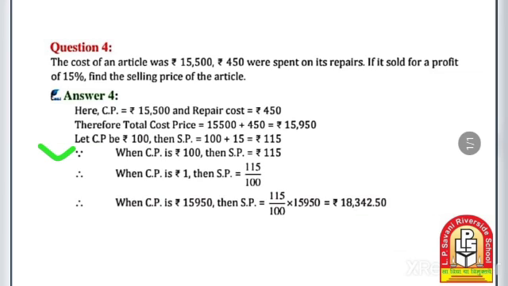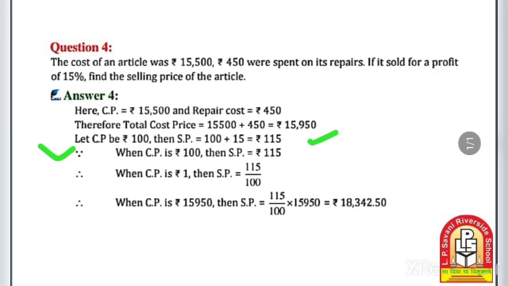Then if CP is rupees 100, then SP is equal to 100 plus 15, that is rupees 115.